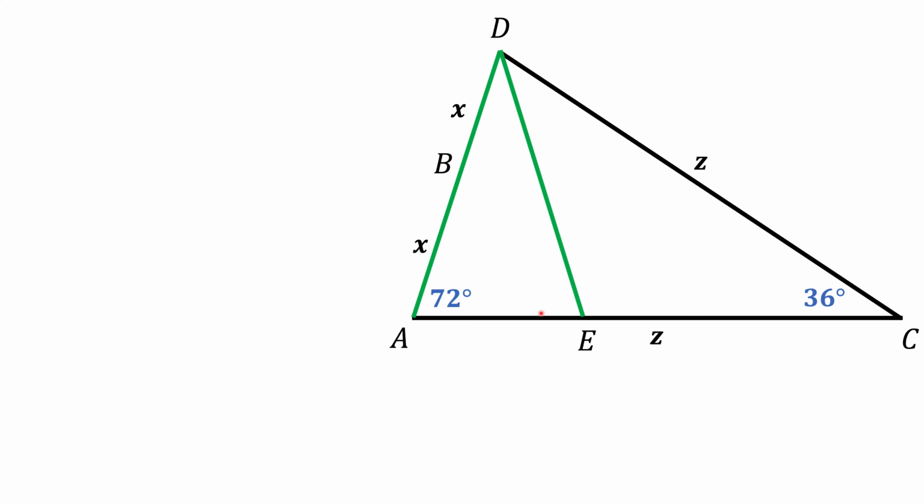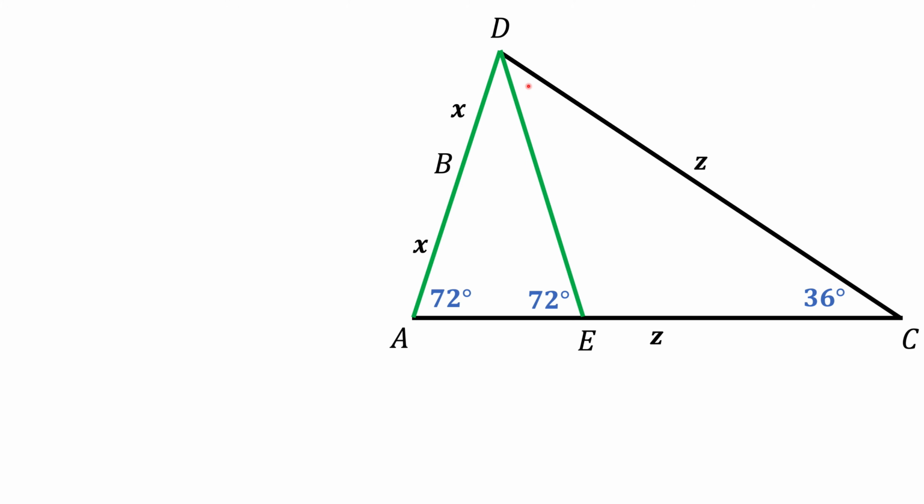Angles at the base of isosceles triangles are congruent, therefore this angle E should also be 72 degrees. But now if we look at this angle here, this angle is an external angle to triangle EDC. That means that this angle, 72 degrees, equals the sum of this angle, 36 degrees, and angle EDC.